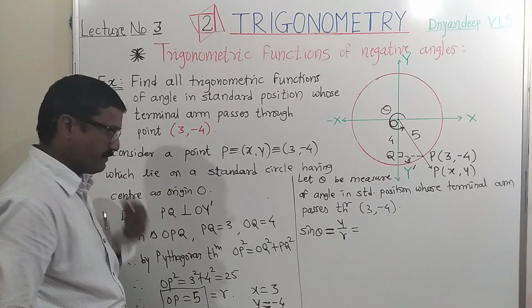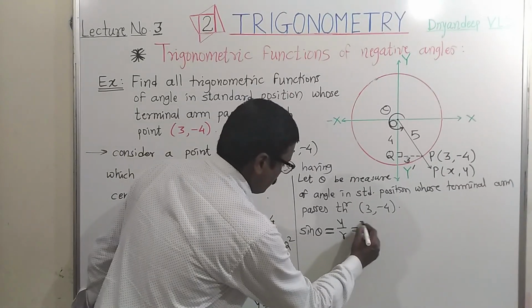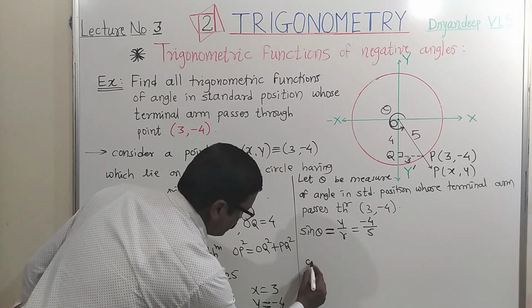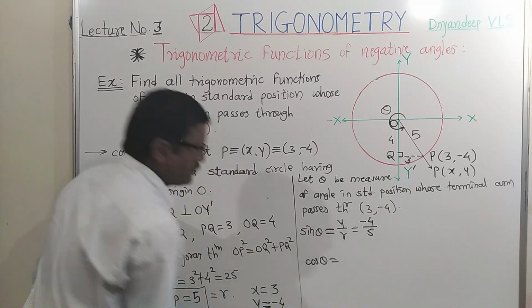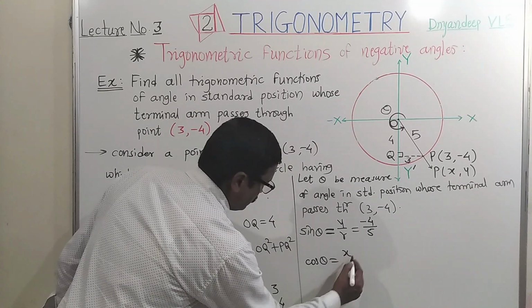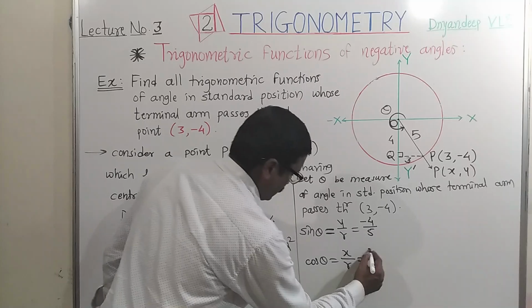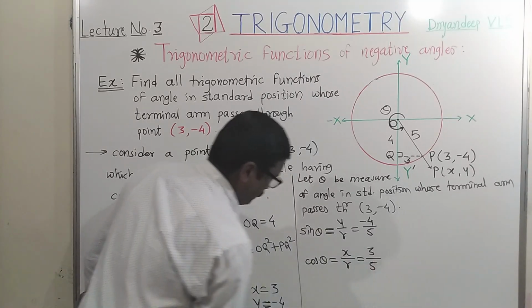So use these values here. Y equal to minus 4, so it is minus 4 upon 5. Now cos theta. Cos theta is nothing but x upon r. What is x? X is 3, r is 5. So it is 3 by 5.